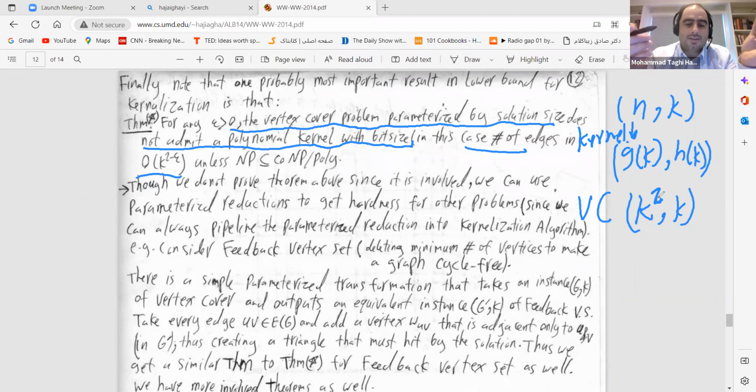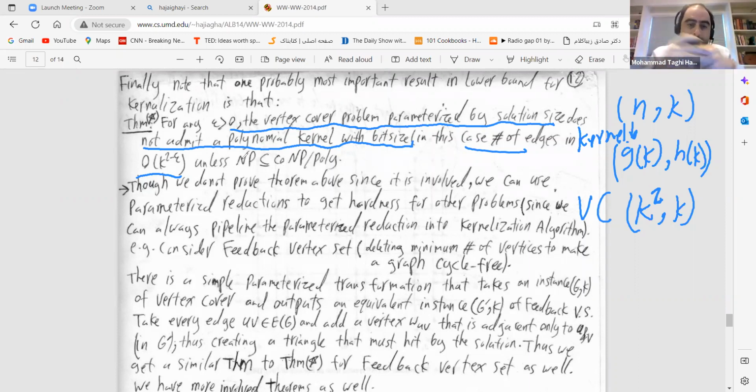This is an important result, and it assumes that NP is not a subset of coNP/poly. coNP/poly is very similar to coNP; essentially, NP being a subset of coNP/poly is something we don't believe is the case.